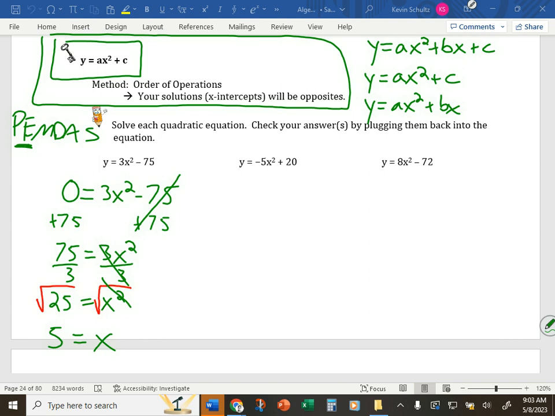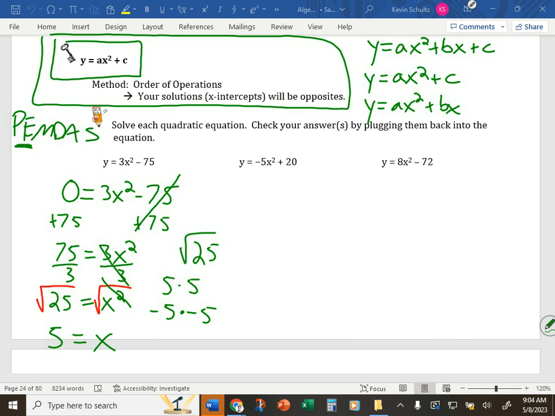Is it absolute value? Not absolute value here, it has to do with that kind of. Remember what the definition of a square root is: something times itself equals 25. 5 times 5 equals 25, but so does negative 5 times negative 5 equals a positive 25.